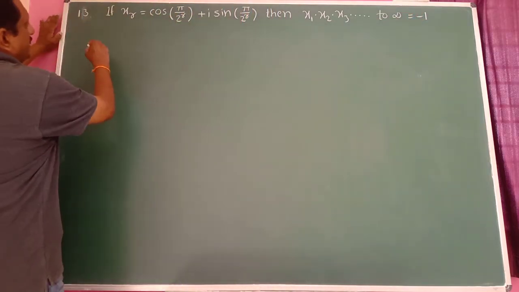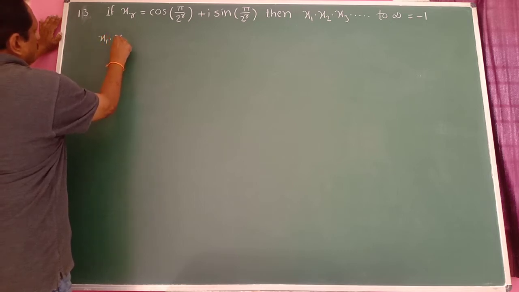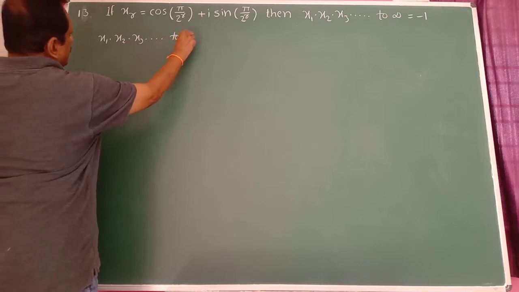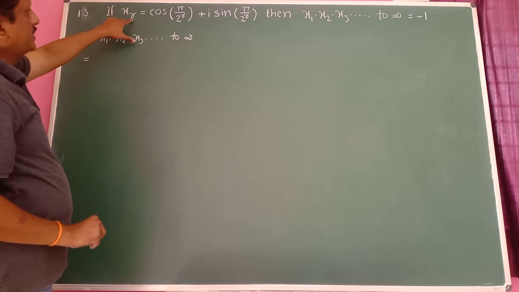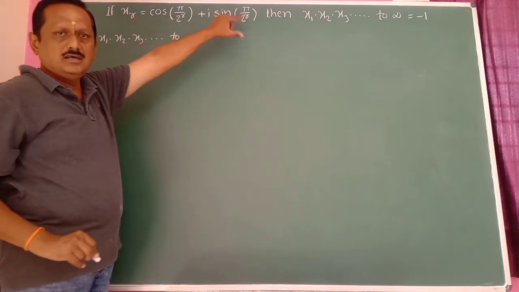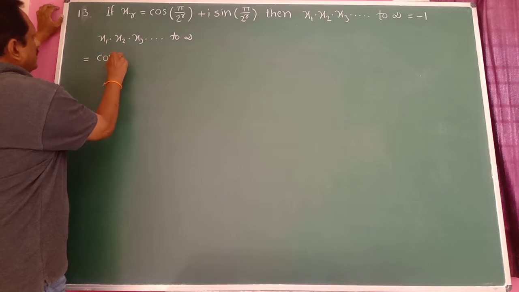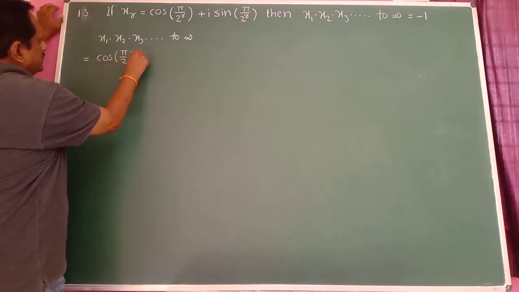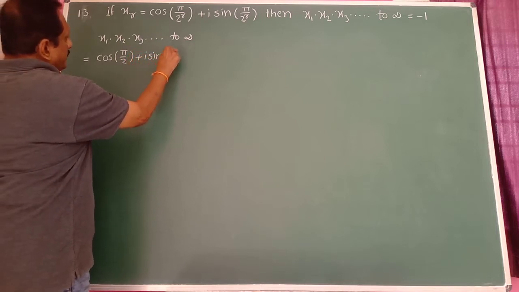Very simple proof here. So x1 into x2 into x3 up to infinity here. That is equal to, here x1 means put r is equal to 1. Substitute r is equal to 1, we get cos of pi divided by 2 plus i into sin of pi divided by 2.